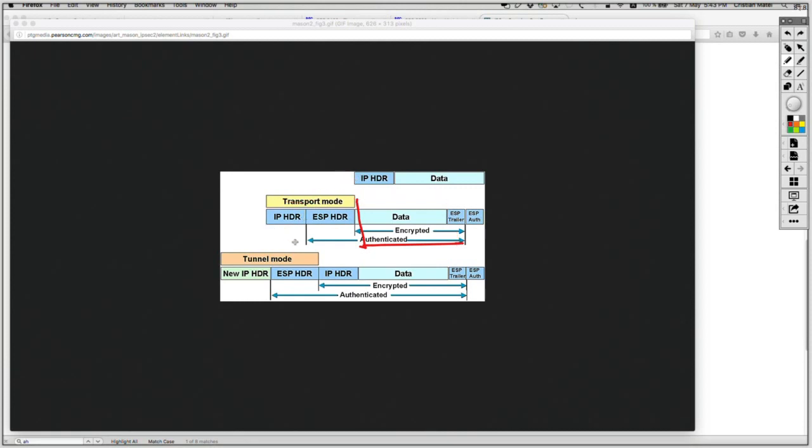But if you use tunnel mode, then ESP is going to encapsulate the initial packet as it was between a header and a trailer, so also including the original IP header. And of course, it's going to add likewise a new IP header to the ESP packet, which is going to be the IP addresses of the VPN gateways.